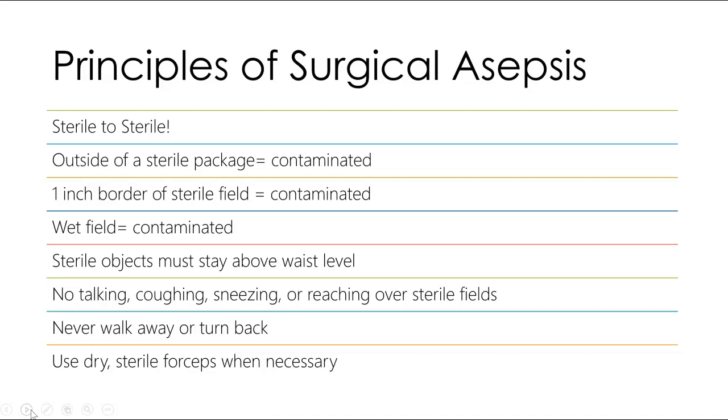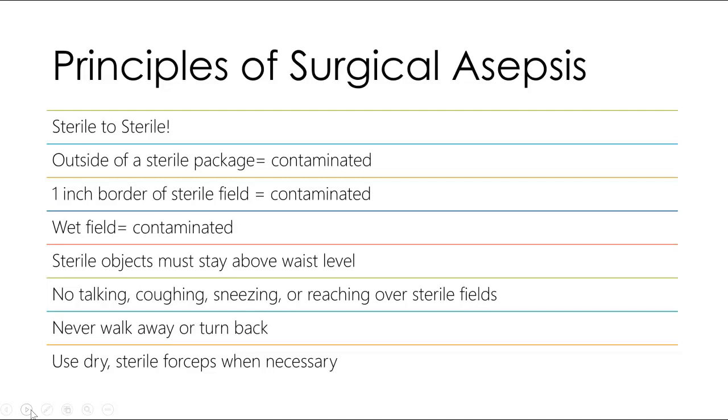So if you accidentally get something wet on your sterile field, say it's on a sterile drape that's not waterproof, even if it's sterile water, it's still going to be considered contaminated because any microorganisms that are underneath that sterile field can travel up through that water into the sterile field. So if our sterile field becomes wet, besides something that's waterproof like plastic, then it is not considered sterile anymore.